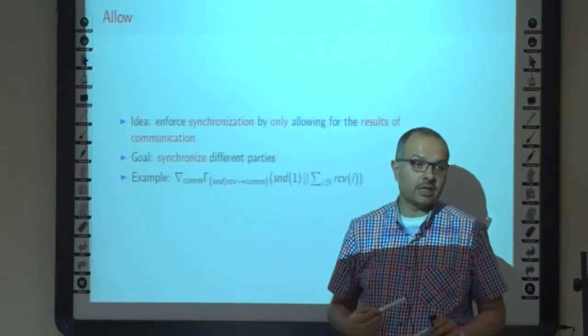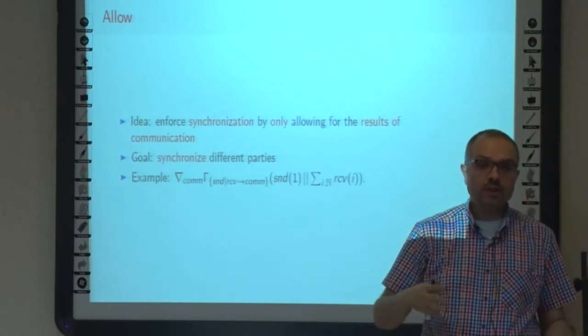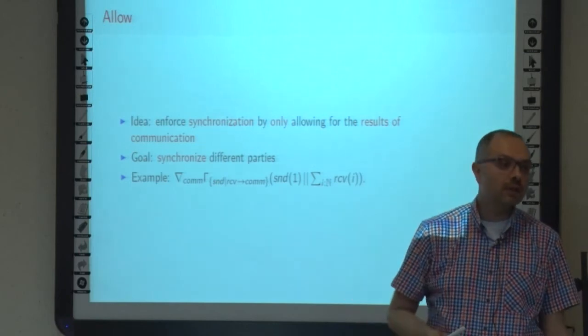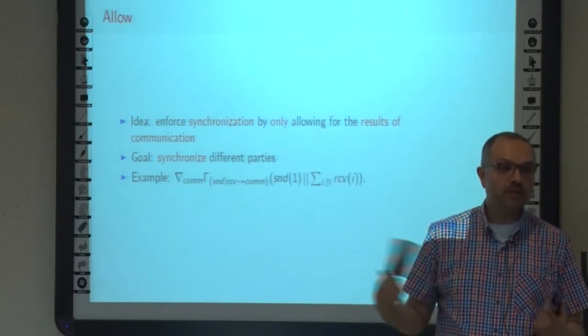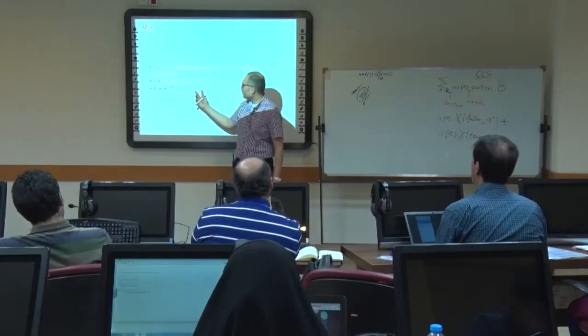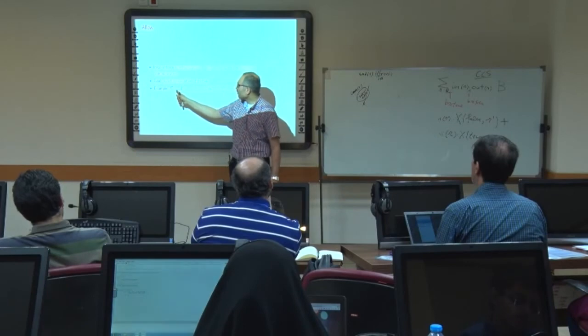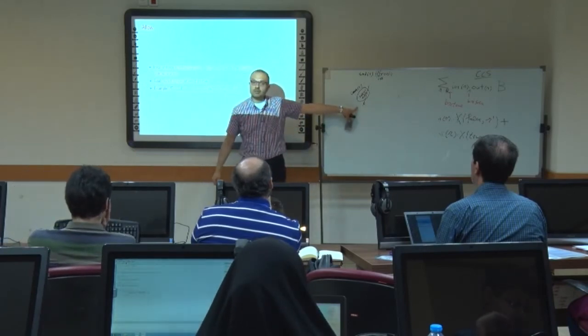Nothing else is allowed. Okay? Thereby, I do not allow individual sends and receives. And in particular, I do not allow receive 2 if send 1 happened, right? If send 1 has happened, receive 2 should not be allowed. So by renaming send and receive with the same parameter to com, and then only allowing for com to happen, I get this as the outcome of the parallel process.